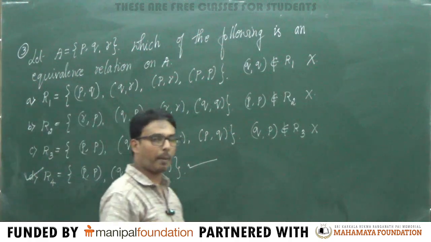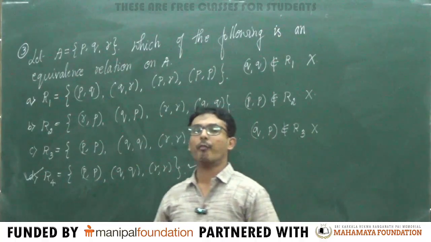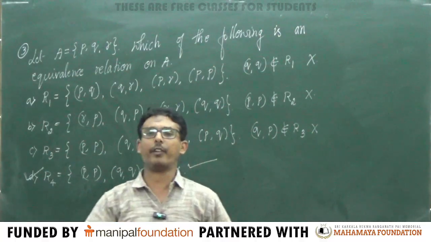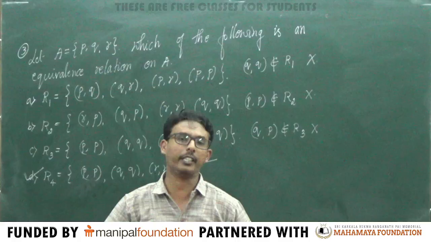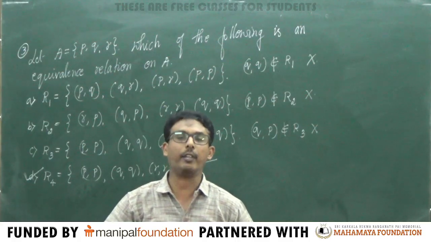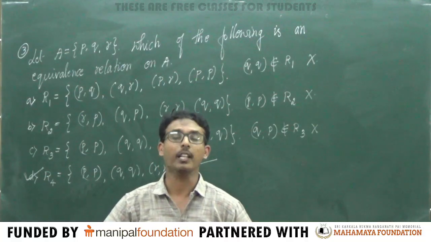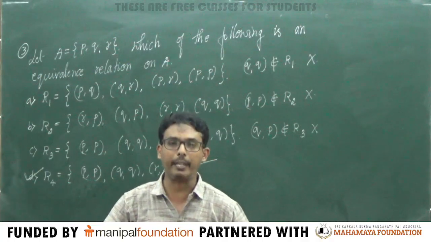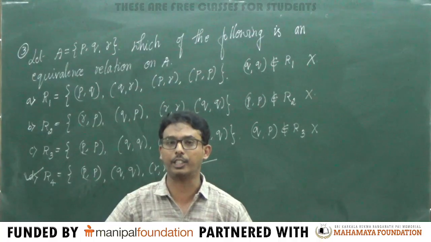And again remember that, whatever the given set may be, for all the elements of the given set, just write the reflexive pairs of the form (A, A). If you write all the reflexive pairs of a given set, you will get one relation. That relation is an equivalence relation, and that is the smallest equivalence relation.